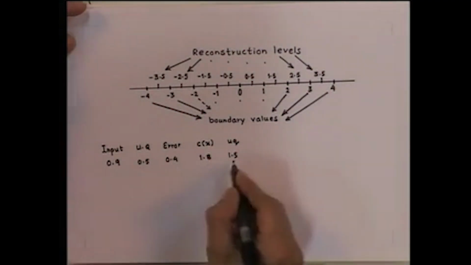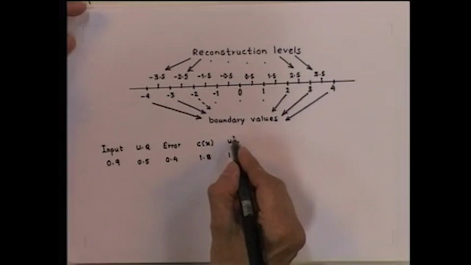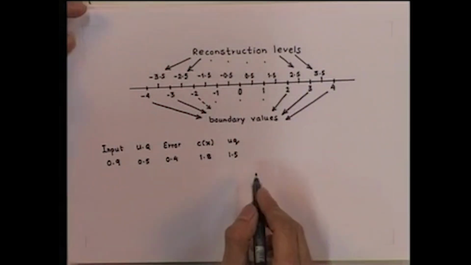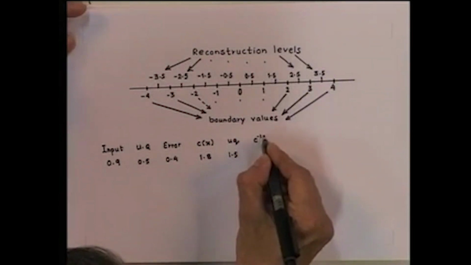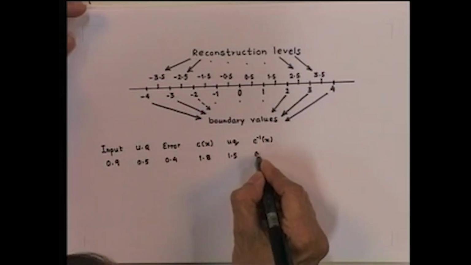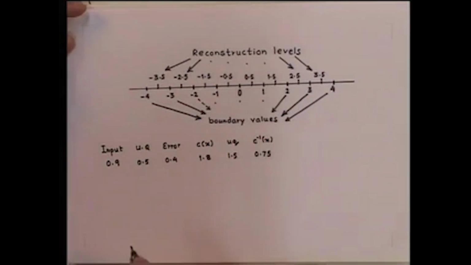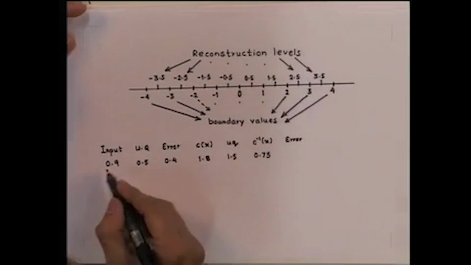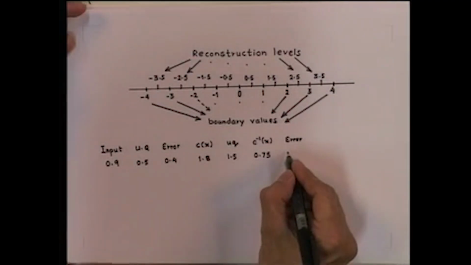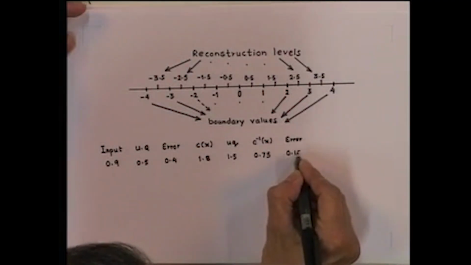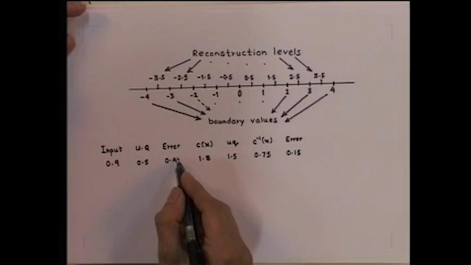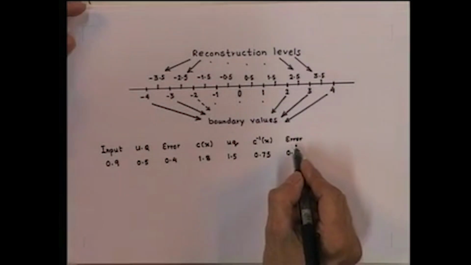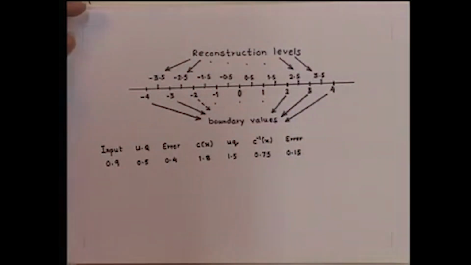So, the apparent error is 0.3, and then finally, the quantized value passes through the expander to give the value 0.75, and in this case the error is the difference between 0.9 and 0.75, that is 0.15. So, we see that without the compander the error is 0.4, whereas with the compander the error is 0.15.